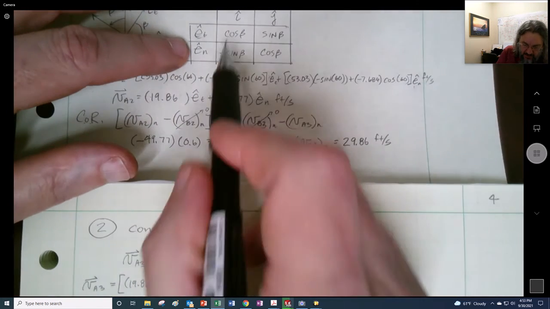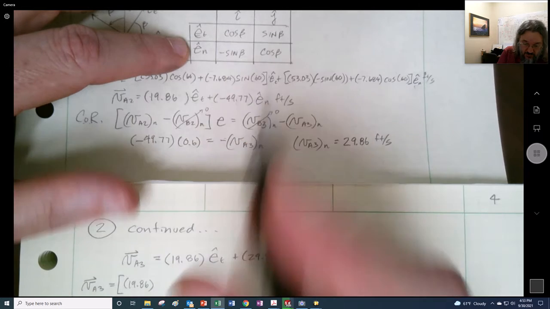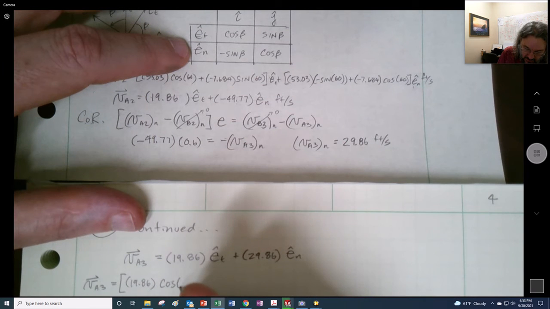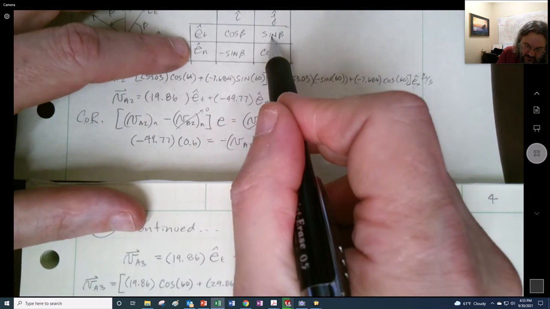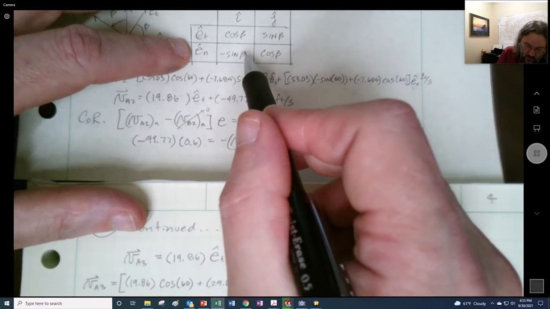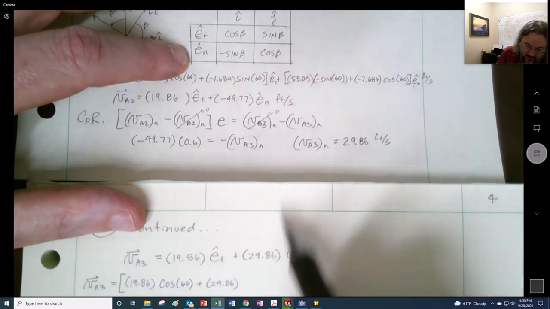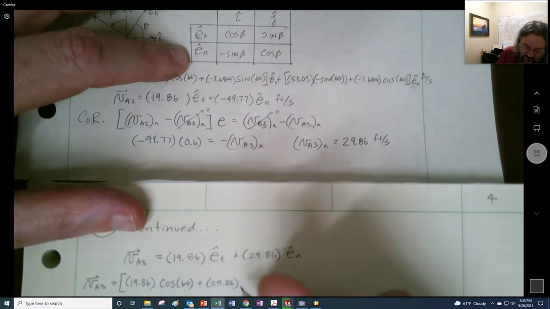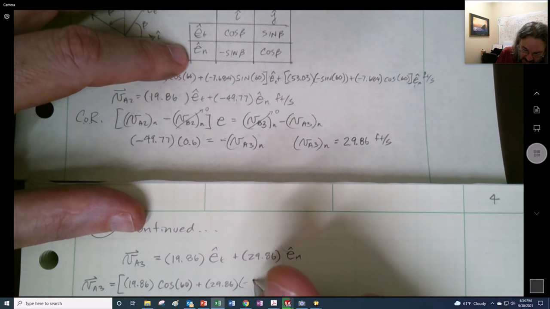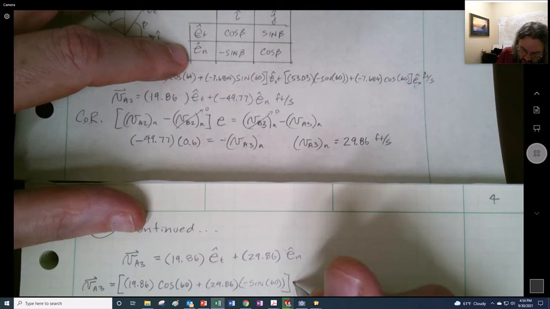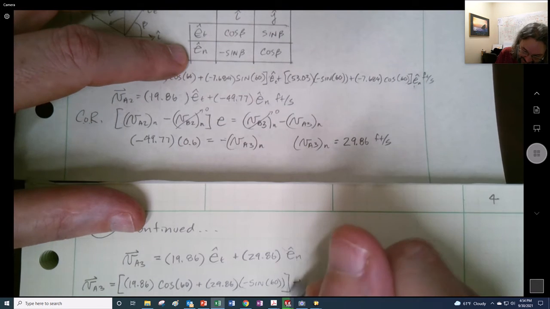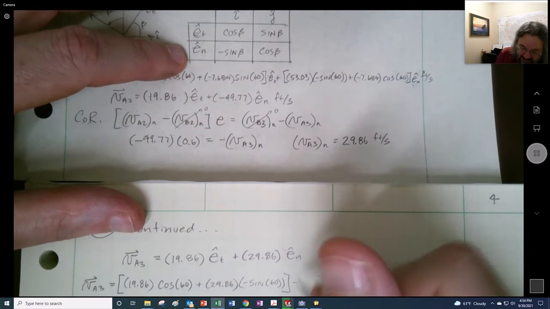Now this time it's ET, and we're going to go across with the cosine of 60 degrees, and then take 29.86 times the sine. Here's the EN, and we need the I's. So it's a negative sine of 60, and then it's an I.